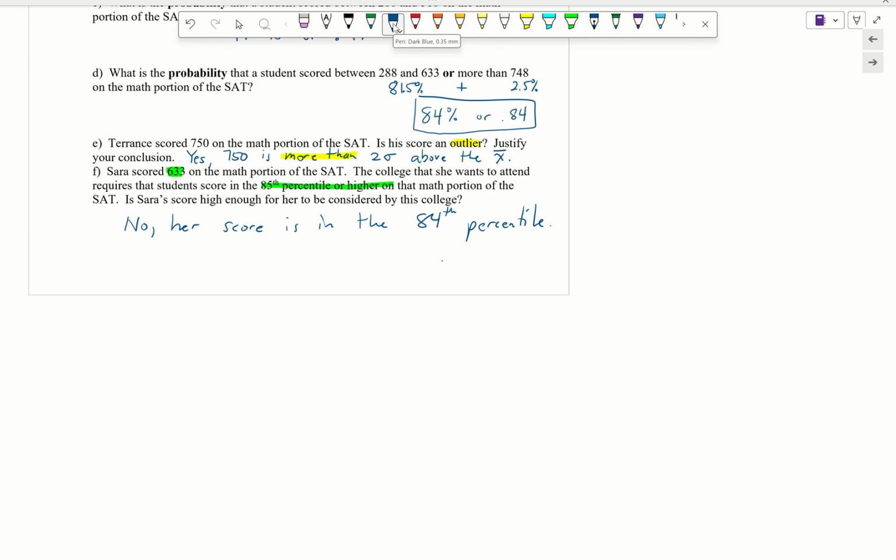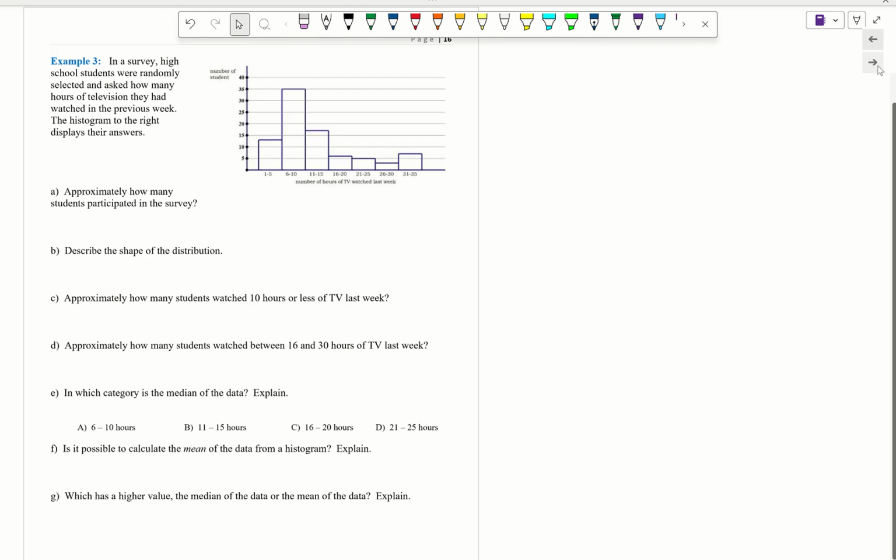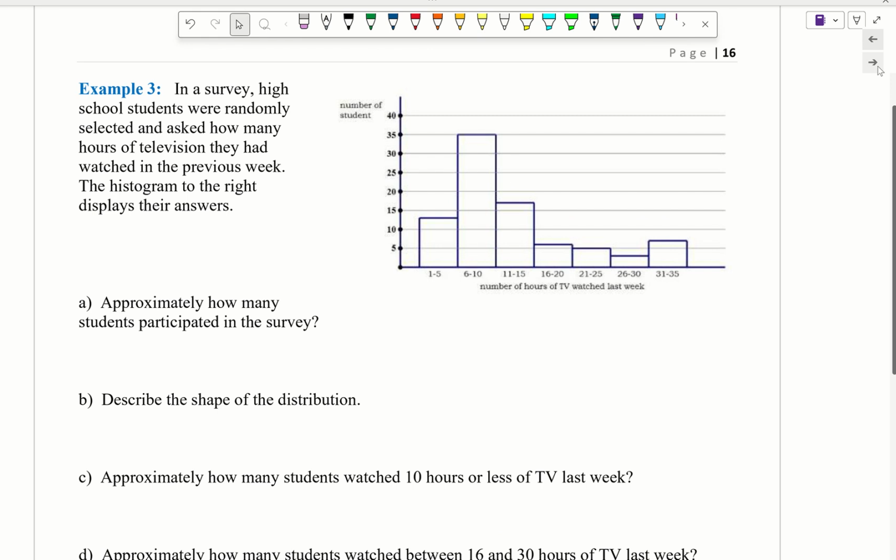All right, go ahead and flip the page. And the last example we're going to look at is going to deal with a histogram. And a histogram is a type of bar graph. But one thing that makes histograms maybe different than some other bar graphs is that the bars are usually separated into groups or categories.